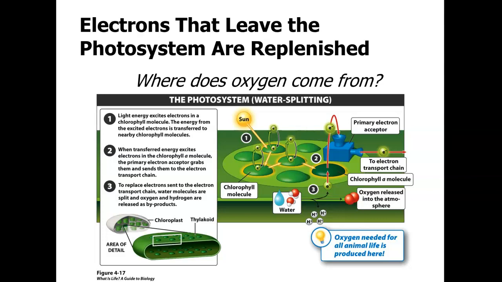To replace the electrons sent to the electron transport chain, water molecules are going to be split, and oxygen and hydrogen are going to be released as a byproduct. So you see the primary electron acceptor over to the side. The electron transport chain is going to send the electrons through to chlorophyll, and then you see the chlorophyll A. Then oxygen is going to be released into the atmosphere when it splits that water.